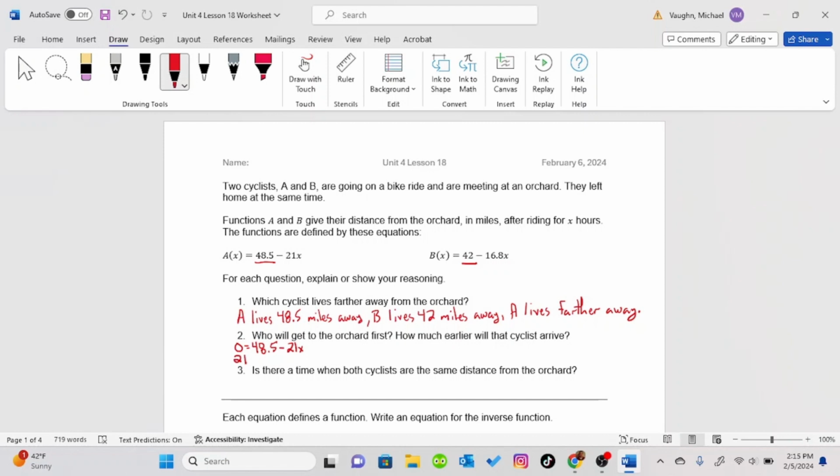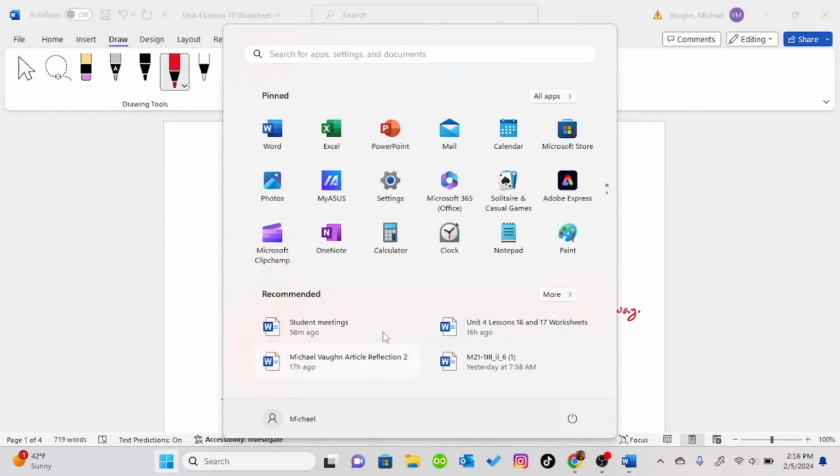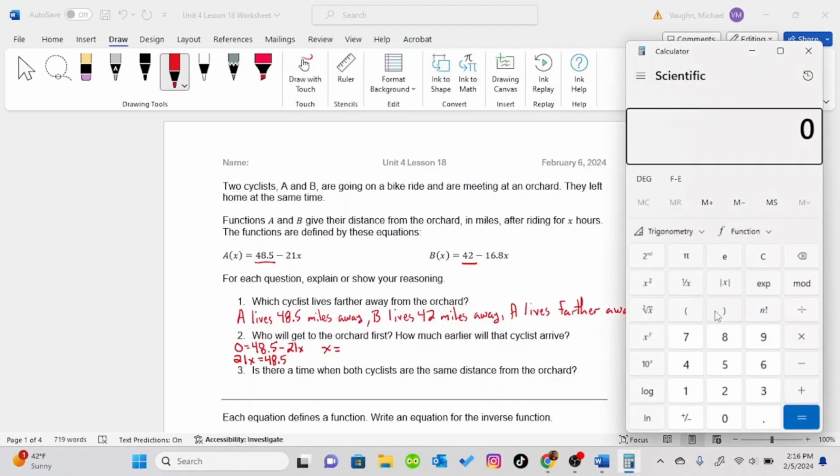I'm going to add 21x to both sides. So I get 21x equals 48.5. And now I'm going to divide both sides by 21. So I end up with x equals 48.5 divided by 21 equals 2.3.